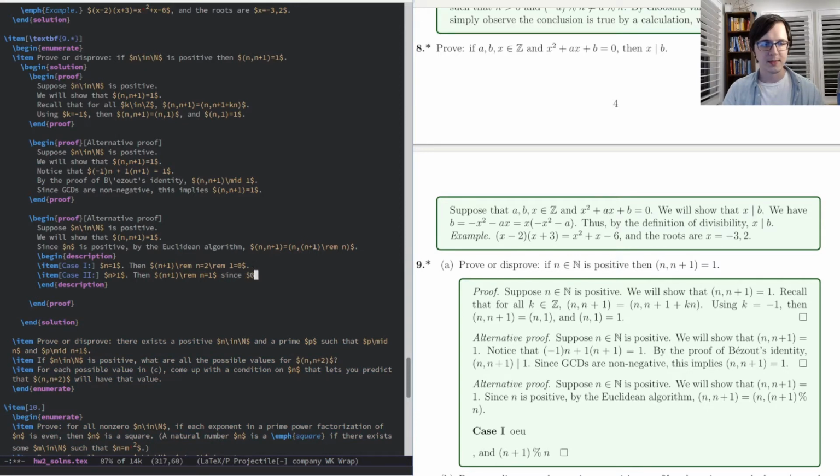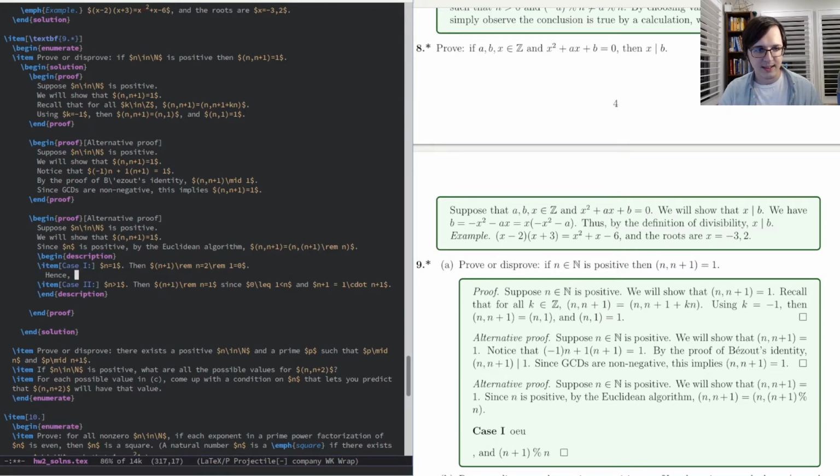Since 0 is less than or equal to 1 is less than n, because n is greater than 1. And n plus 1 is equal to the quotient, which is 1, times what we're dividing by, plus 1. Okay, we've got this.